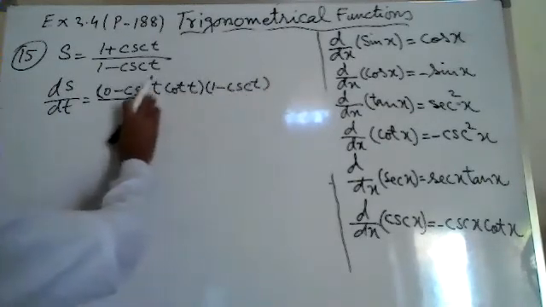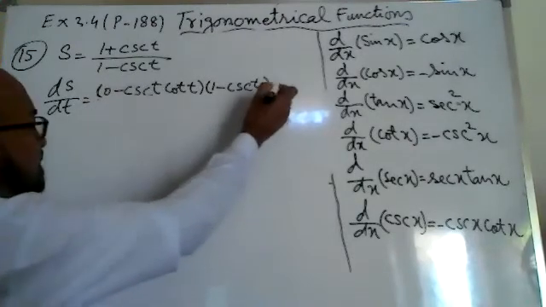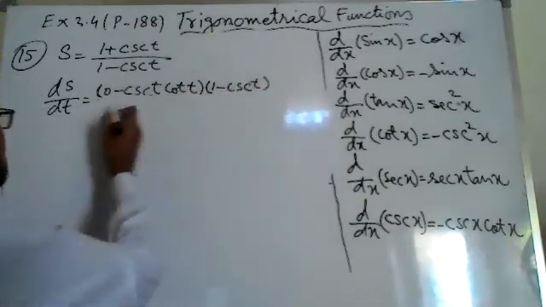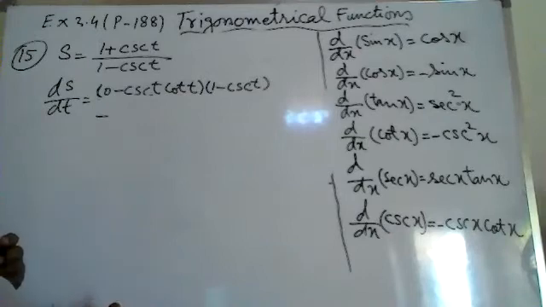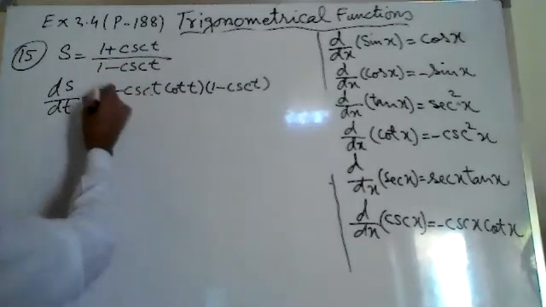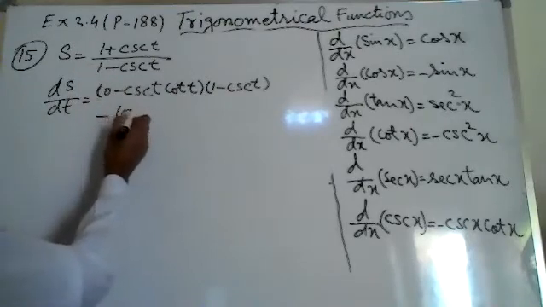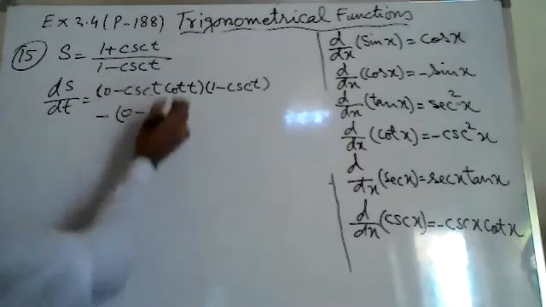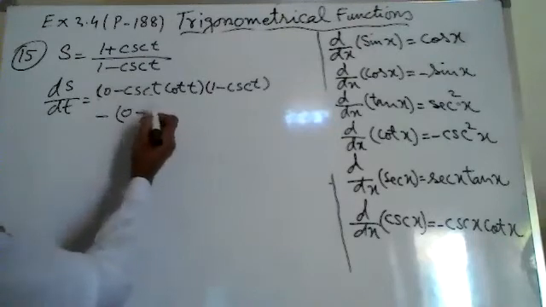Then minus derivative of the denominator. Derivative of 1 is 0 minus derivative of cosec t will be minus cosec t cot t.